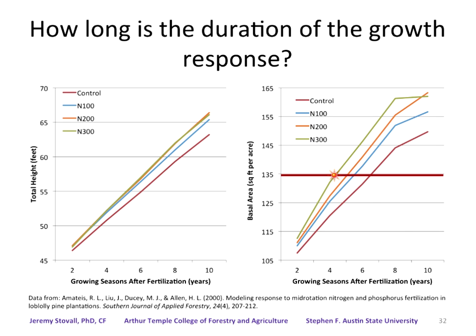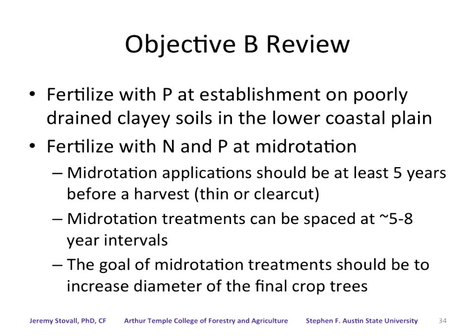And so if we look at some of those general guidelines, we'll come back to that briefly, here they are. So for fertilizing with nitrogen and phosphorus at mid-rotation, you really want to have it done at least 5 years before you thin or clear cut to give your trees time to respond so you yield the economic return on that application. If you're going to apply multiple applications of fertilizer, which some companies, such as Weyerhaeuser, for example, are doing, you probably want to space those every 5 to 8 years because that response sort of tapers off.